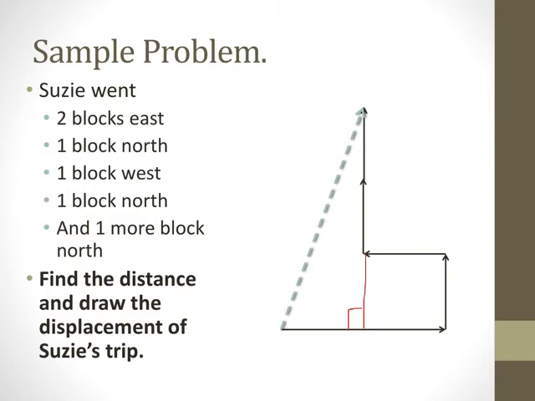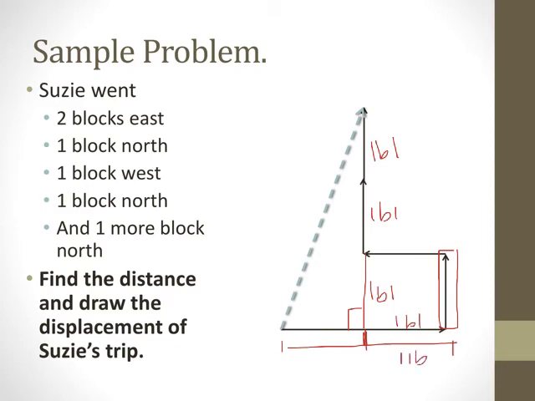Now, this red line should be how many blocks long? If you notice, it's the same size as this line, and that was 1 block. Here's one block, and here's one block. Now we knew this whole thing was 2 blocks, so what's it going to be right here? This was 1 block, which means this part here is 1 block.